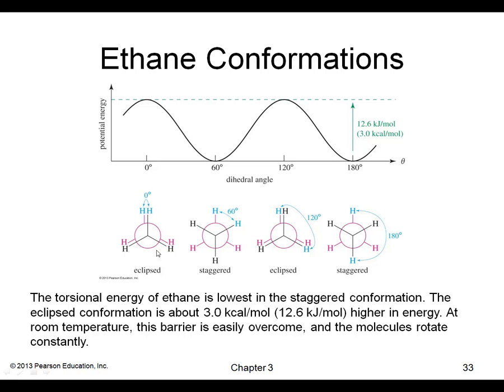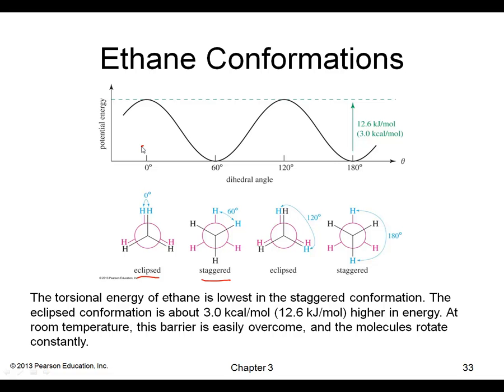So we can start here with ethane. What we do is we look at the maximum and minimum energies. The minimum energy is always the staggered conformation, where the hydrogens are staggered from each other by 60 degrees. The highest energy conformation is the eclipsed, where the hydrogens are eclipsing one another, so there's 0 degrees there.